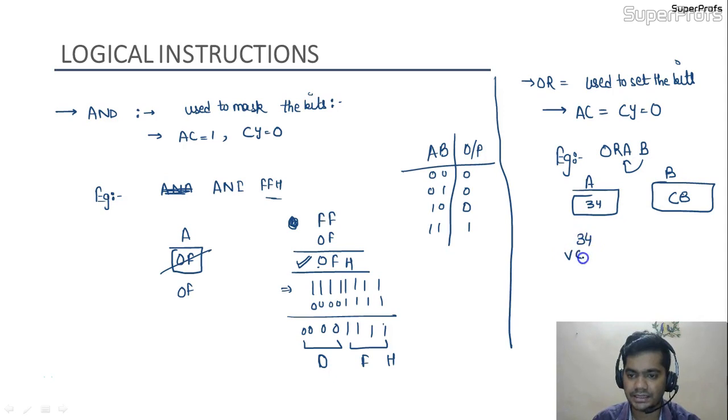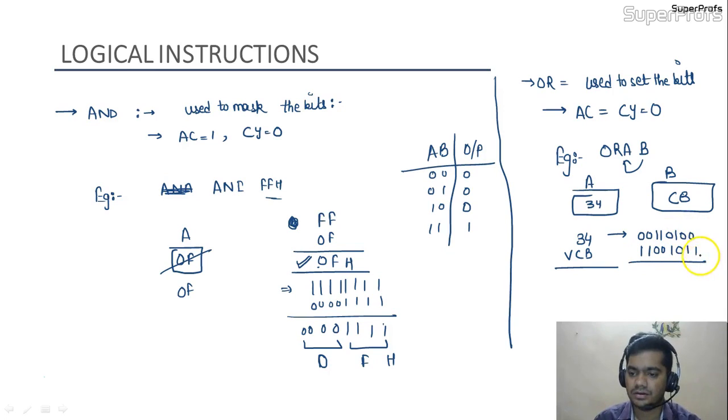So you can write this, and what would be its binary equivalent? A would be 0011 0100, and C, that is 12, would be 1100, and B would be 11, that would be 1011.